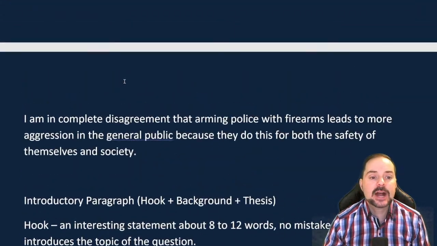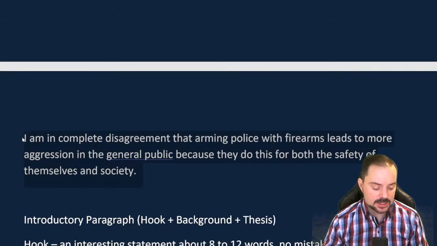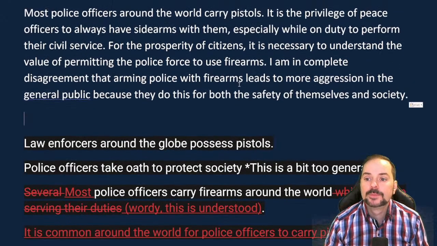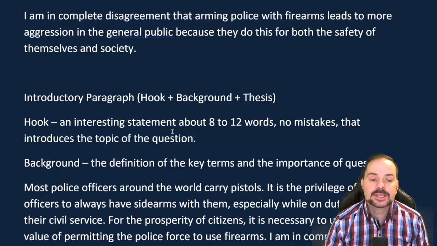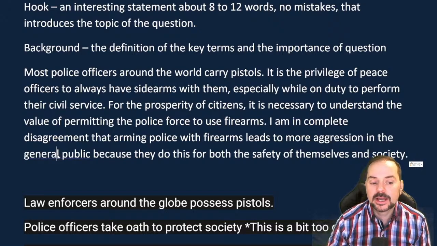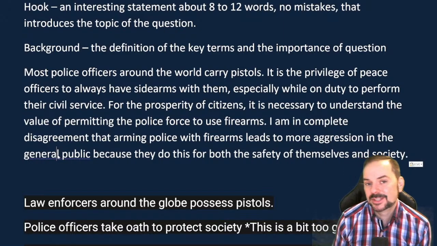Okay, everyone. So now all I need to do is just stick this thesis statement in there, and then I'm good to go. Here with this thesis statement, it's also telling me that general public, I can just say public, should be more concise, but I actually want to keep the word general here.